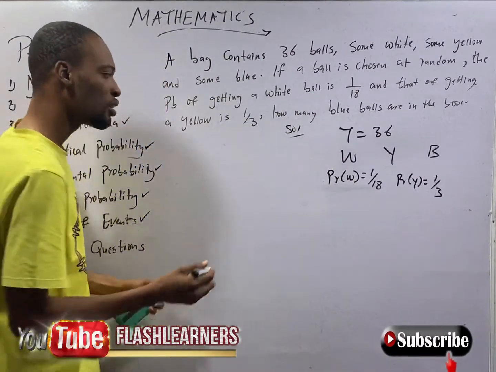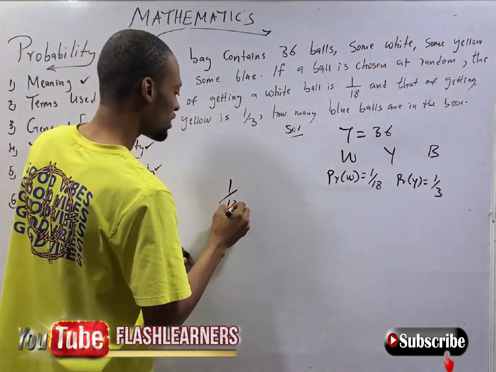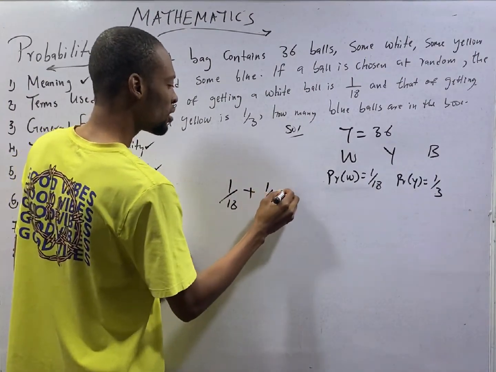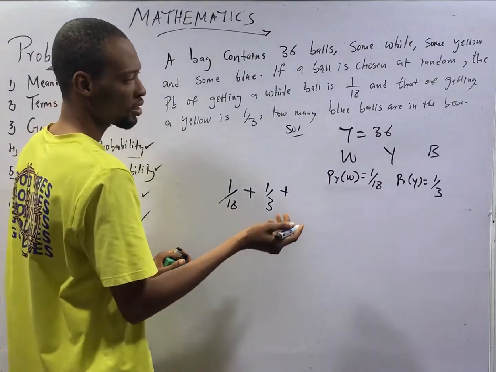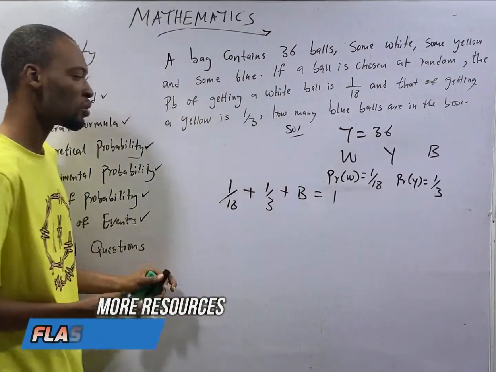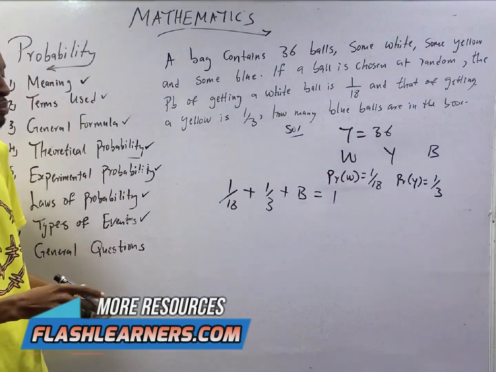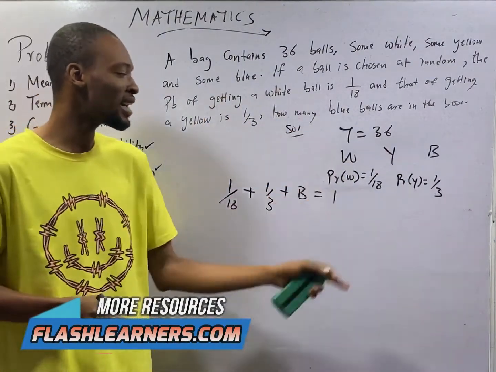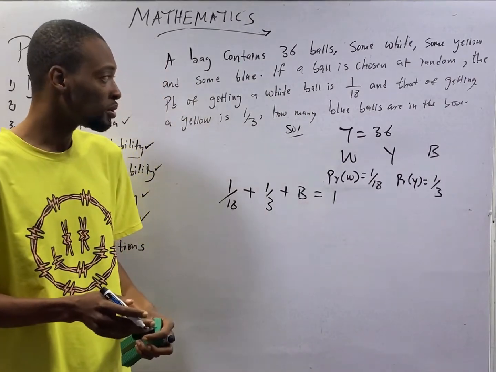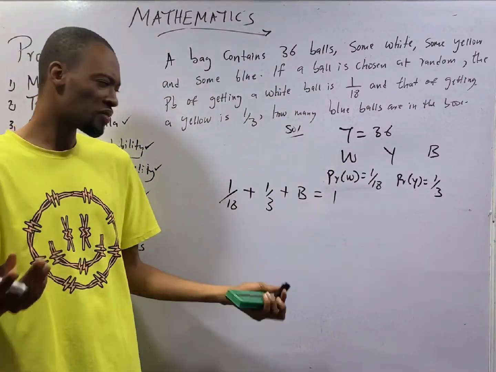That would have been probability of white 1/18 plus probability of yellow 1/3 plus probability of blue, everything equals 1. So if you make B the subject of the formula, any answer you will get is going to be the probability of blue ball. You can actually solve the question that way.